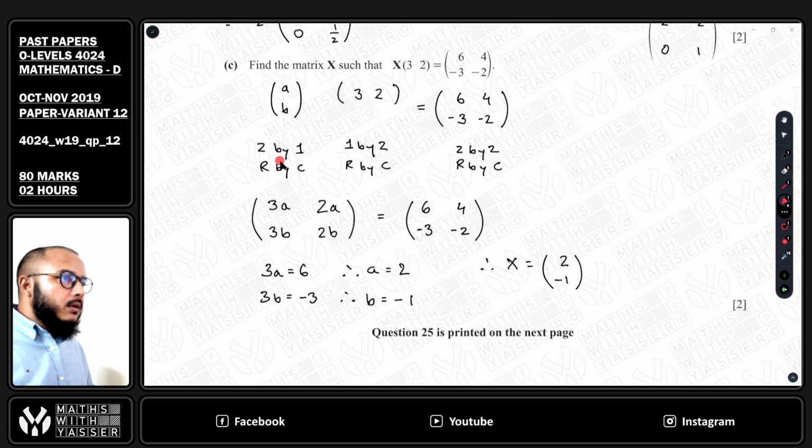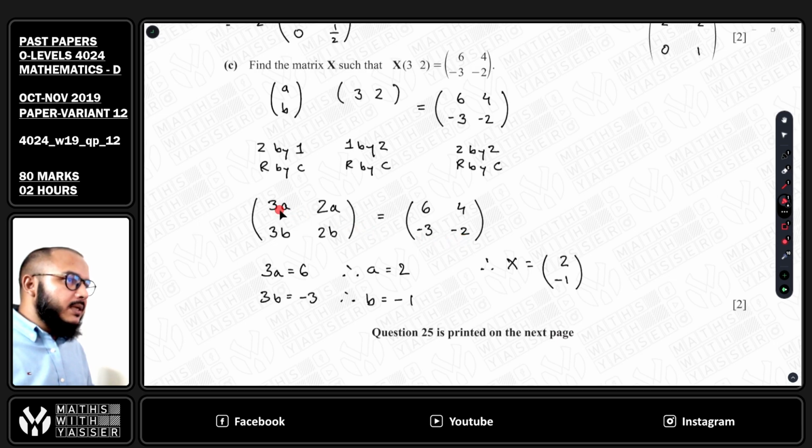So now I can simply multiply them. So it will be 3 times a, and 3 times b, and 2 times a and 2 times b, which will be equal to 6, 4, minus 3, minus 2.